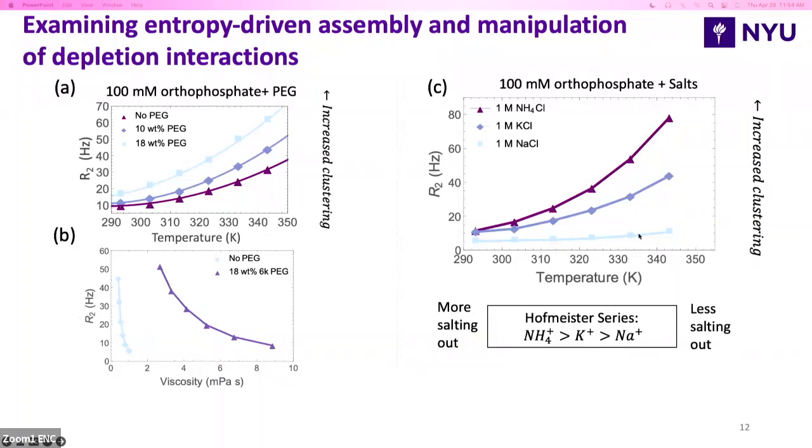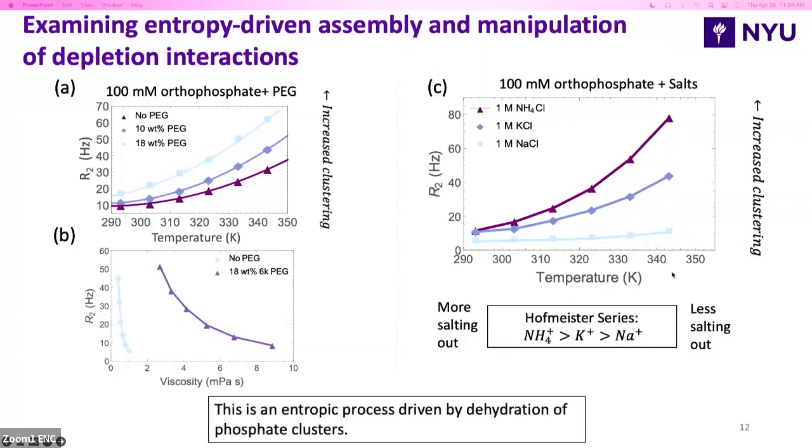Again, if we consider the line broadening as a proxy of the dehydration-induced clustering, these results are completely in agreement with the predicted trend of the Hofmeister series. So perfect. And therefore, these results also add further support to our hypothesis that the phosphate clustering is an entropic process driven by dehydration of phosphate clusters.